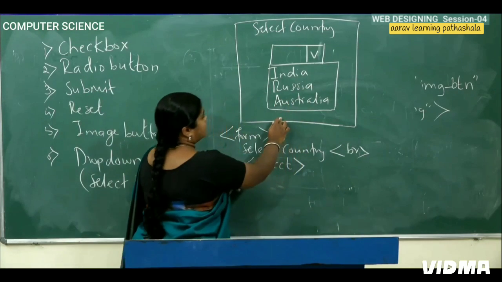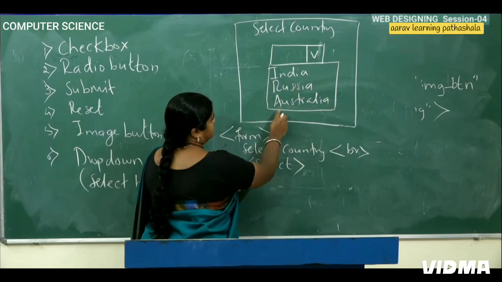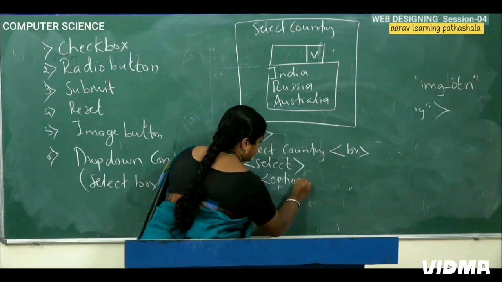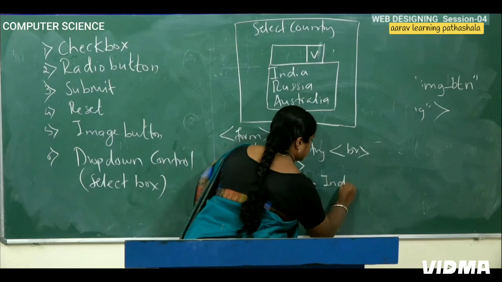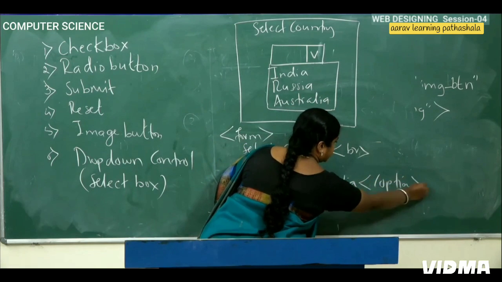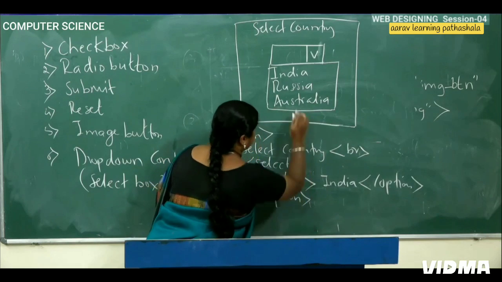Now in this particular form element, there are three options available. So within this particular tag, we are going to write three option tags, that is option India /option. Then in the same way, option, what is the next?